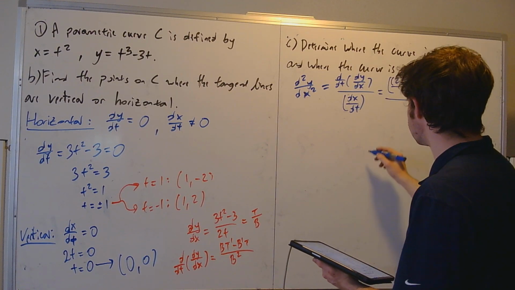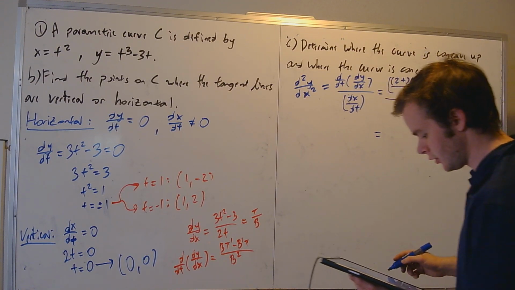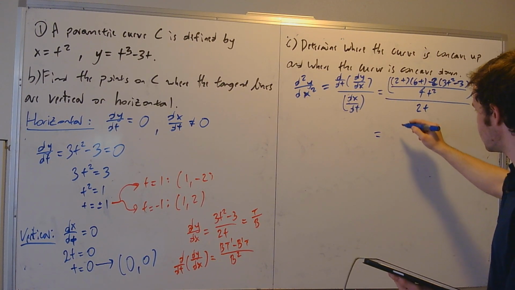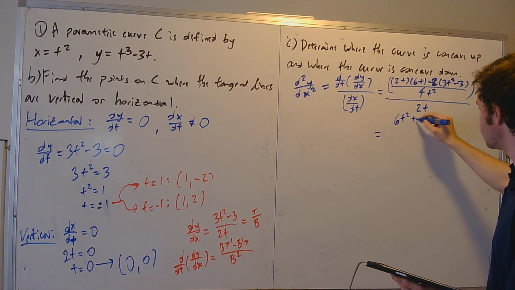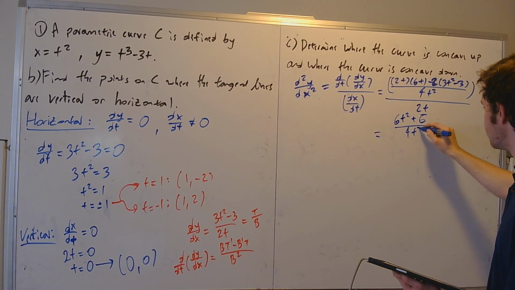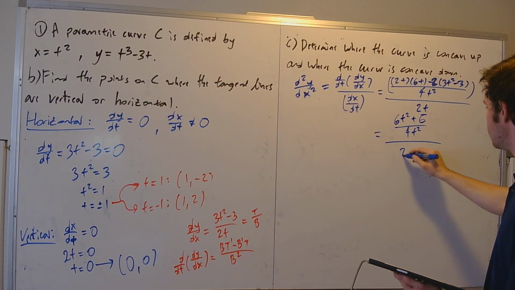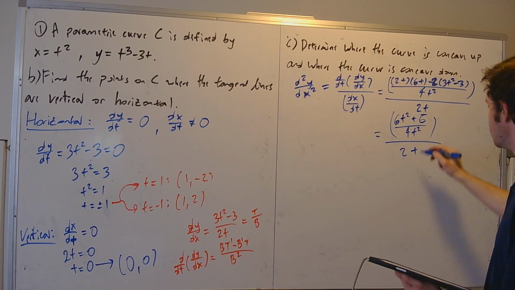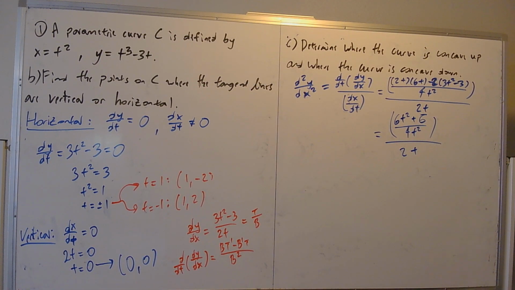But if we write this, we can simplify the numerator, and we're going to get 6t squared plus 6 over 4t squared over 2t. That's if we simplify it. And now we can say, well, if we're dividing this by 2t, it's the same thing as just multiplying the denominators.